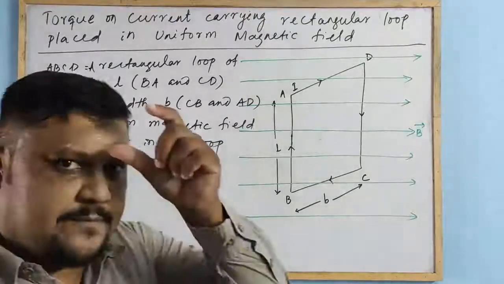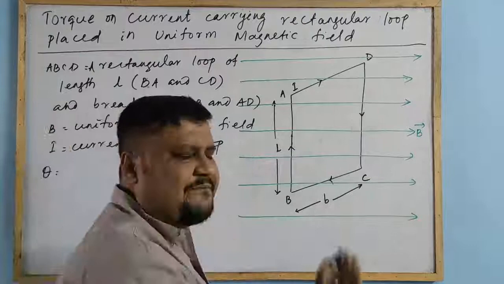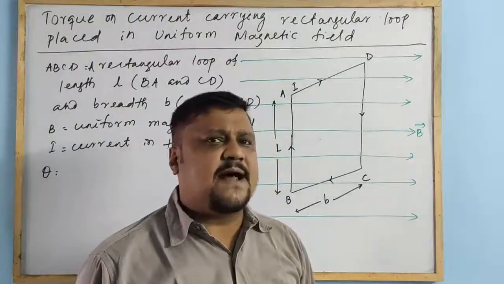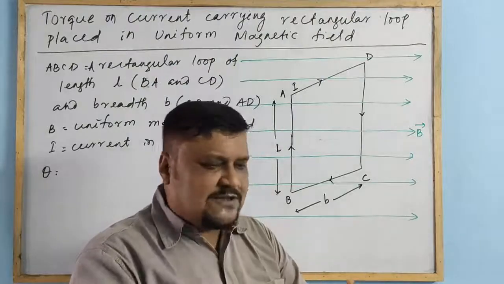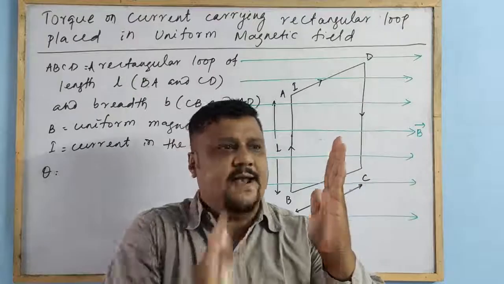Another important thing, remember, theta. The loop is not placed parallel to the field. Let us assume that the loop is so placed that this is the magnetic field from left to right, and this is the loop.